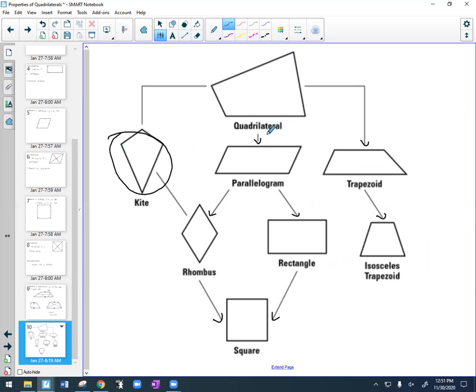This has 4 sides, and this has 4 sides. And these are different because this has 2 sets of parallel sides, and this one only has 1. This thing goes isosceles trapezoid and it ends. But rhombuses and rectangles are the next most specific thing after parallelograms, and then squares get all the characteristics of both of these. So these are the most specific kind of a thing. This little family tree sometimes helps kids understand the concepts that are happening here.